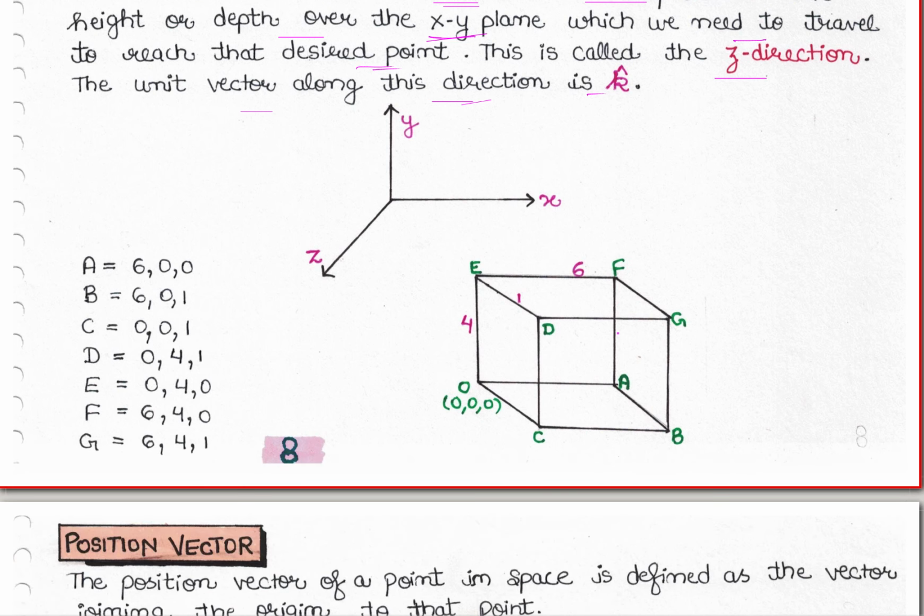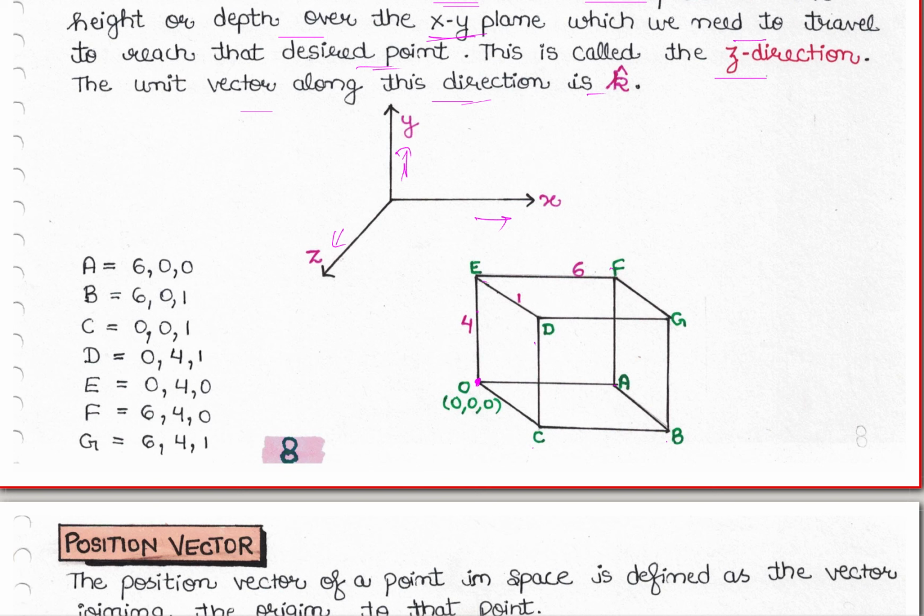So in 3D, we have x, y and z. As you can see, this is a cube and this is our initial point, which has coordinate 0 0 0, that is x is equal to 0, y is equal to 0 and z is equal to 0, and this is a, b, c, d, e, f, g.